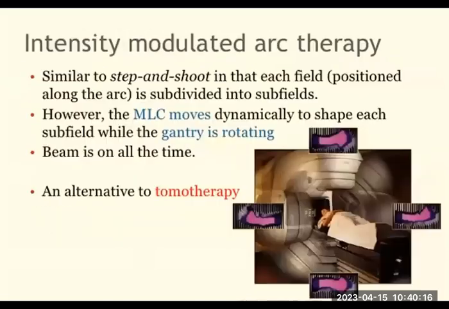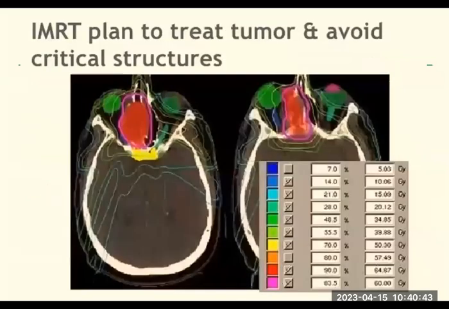If you combine both of them, the gantry rotates around the patient and the subfields are applied, and these subfields are controlled by the leaf. The leaf has been programmed; that is what the multi-leaf collimator is designed for.